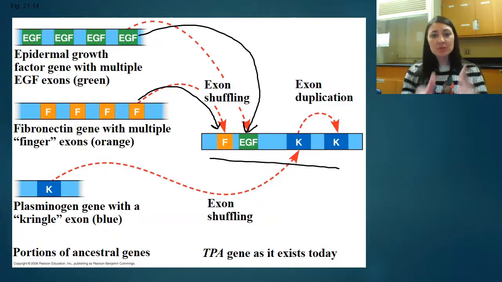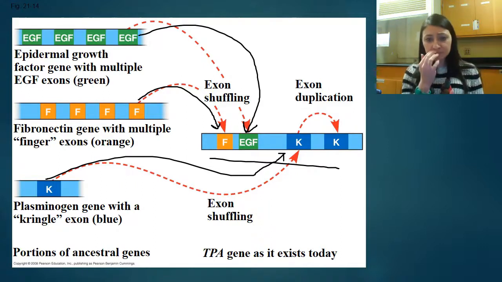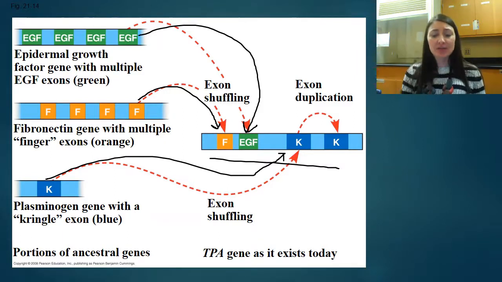So that came to be part of the TPA gene due to exon shuffling. And we also see plasminogen genes, whose K exon was also put into there. That particular exon, the K exon, was duplicated, so that expressed region made a copy of itself. And so as TPA exists today, it is a result of rearrangement in exon shuffling as well as exon duplication.